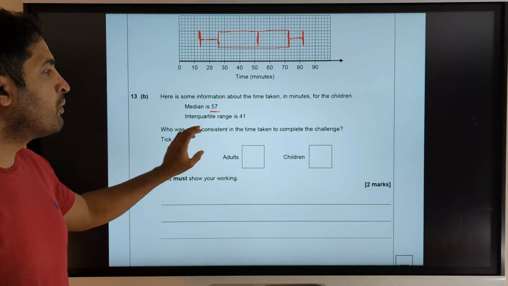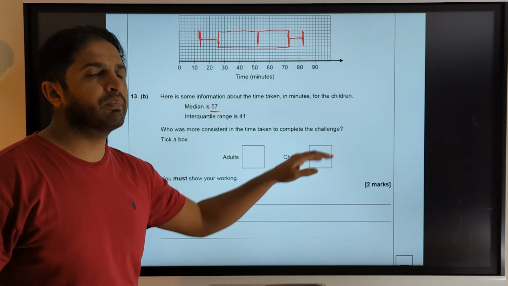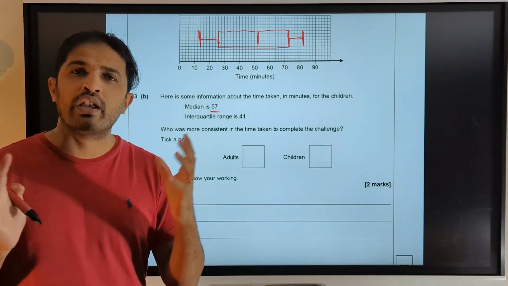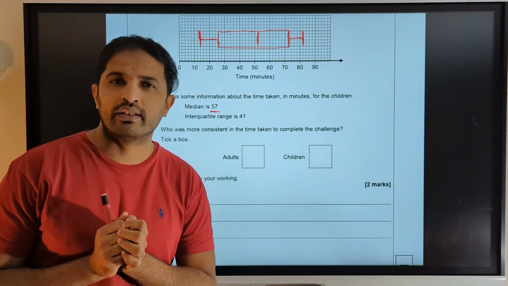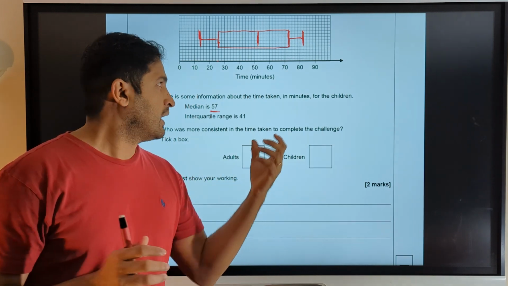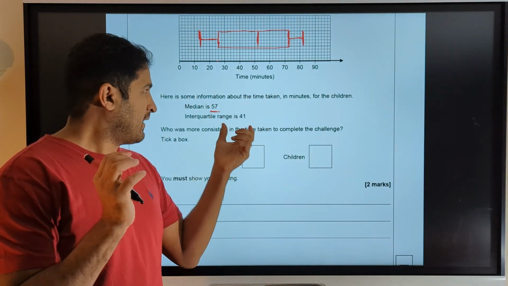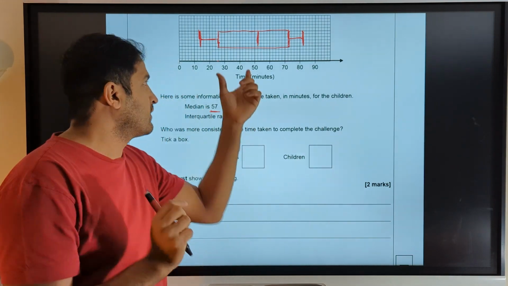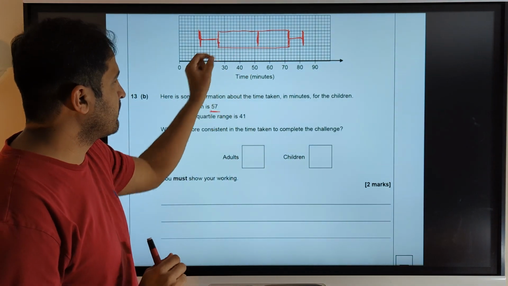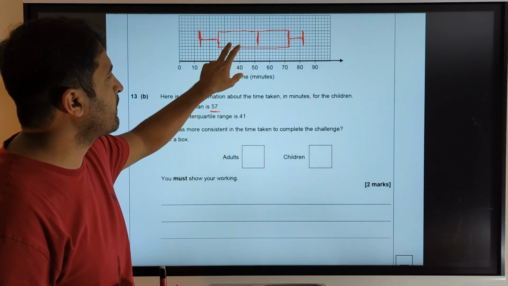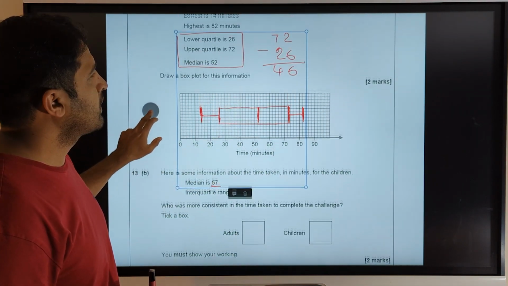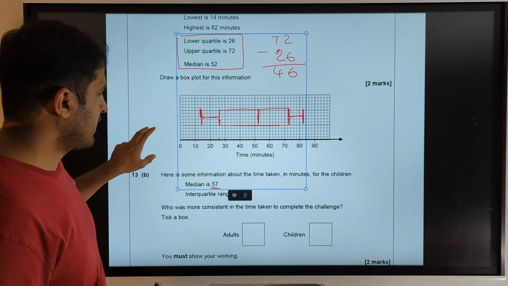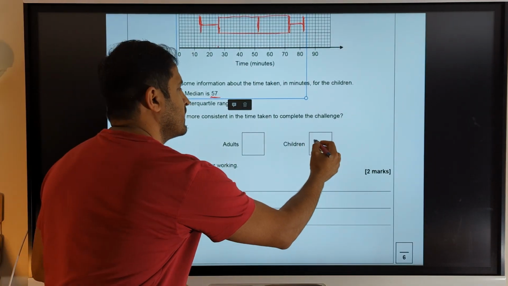So who was more consistent in the time taken to complete the challenge? So the interquartile range always tells you about the consistency. Okay, so if someone's range is smaller, that means they all took their time within that space. The box would be a lot smaller for them, not a lot smaller, but 41 compared to this 46. Okay, so the children's were more consistent. Why?